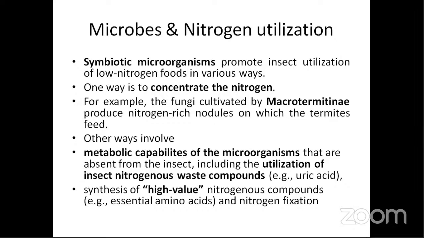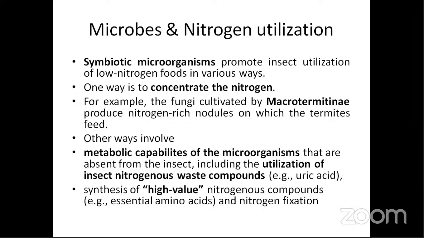First, they concentrate the nitrogen. For example, in macrotermes, the nitrogen rich nodules on which the termites feed are built by fungi. So this helps in nutrition for termites, by means of that nitrogen concentration.